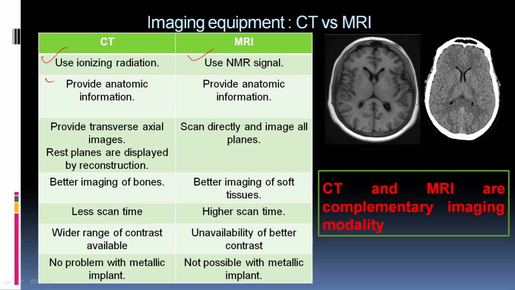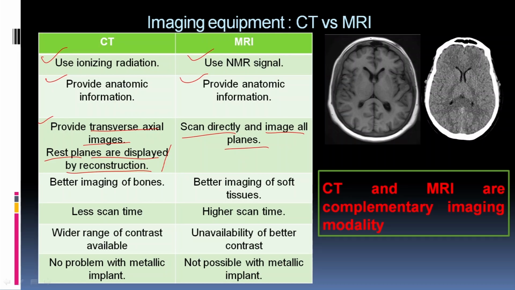CT provides anatomic information, and MRI also provides anatomic information. CT provides the transverse axial image, and other planes are displayed by reconstruction, meaning these other planes are actually processed images, but MRI scans directly and images all the planes.